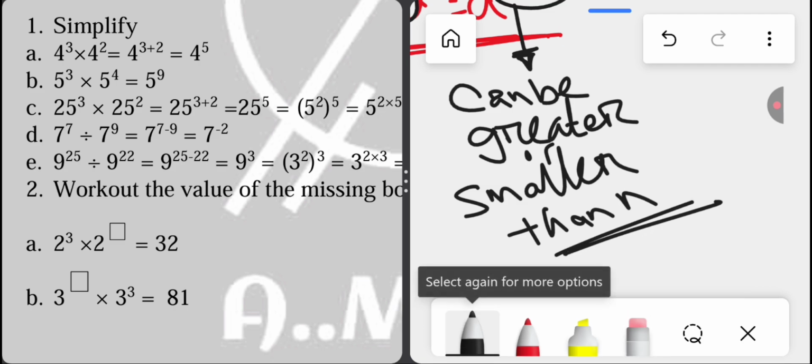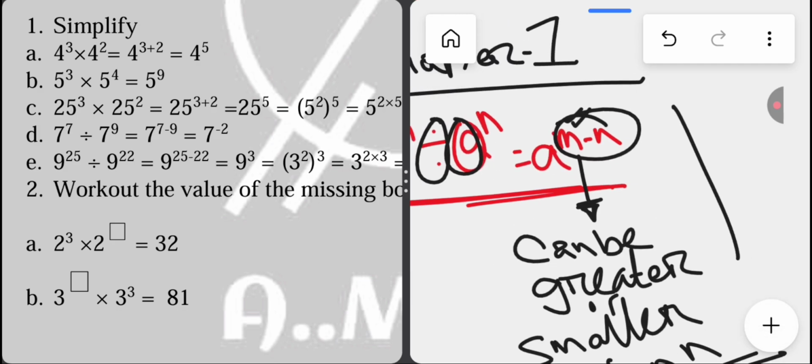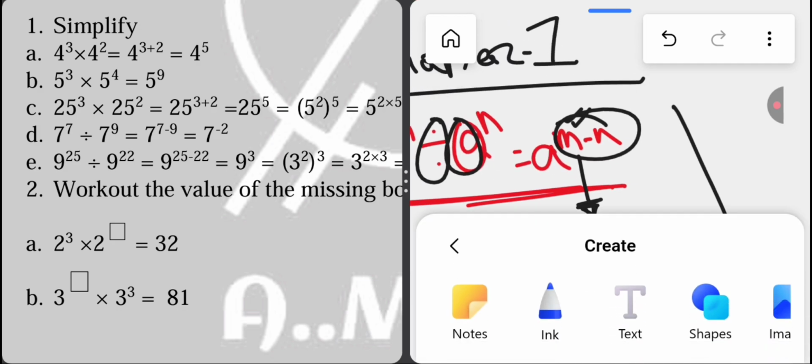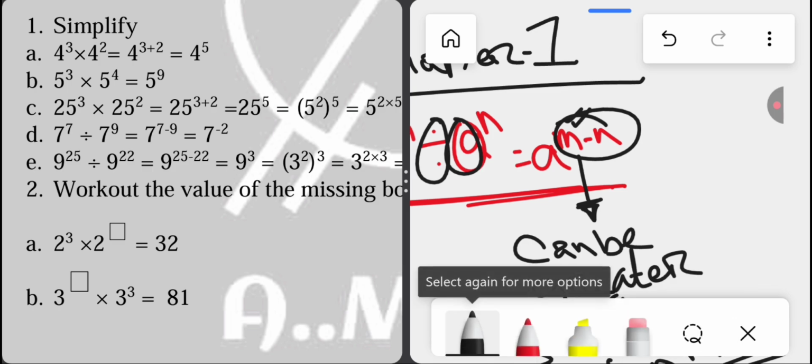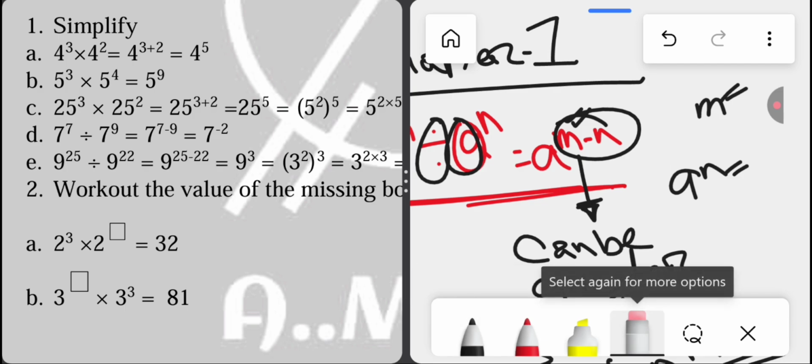See, as I have said, the value of m can be greater than or less than the value of n. It does not matter. A to the power m divided by a to the power n represents this point. It doesn't matter really. We are going to learn about something new, so let's not delay and let's come to the point.